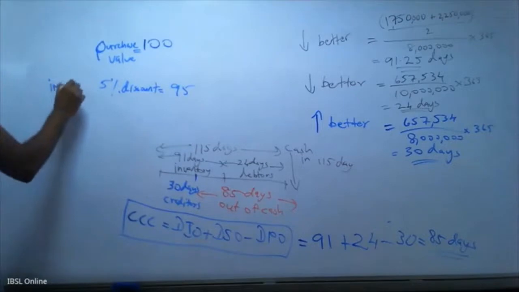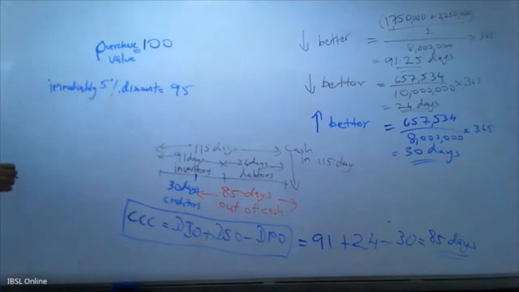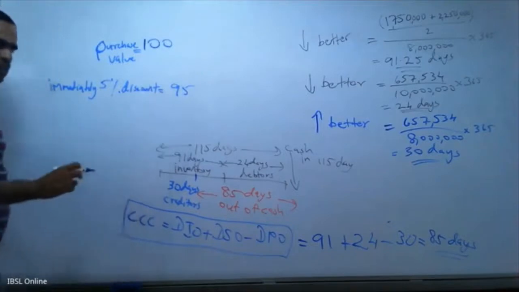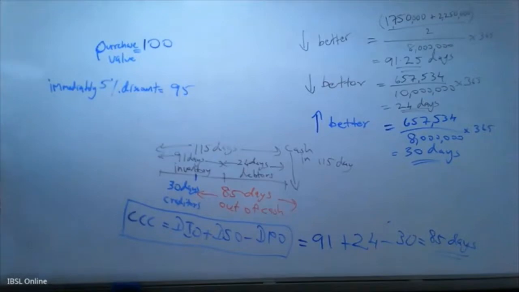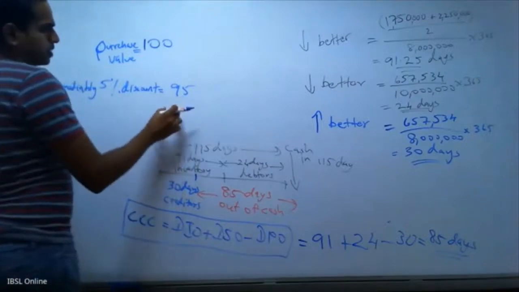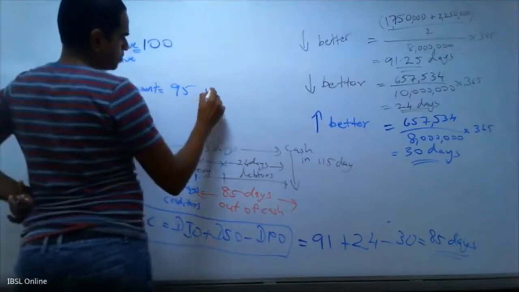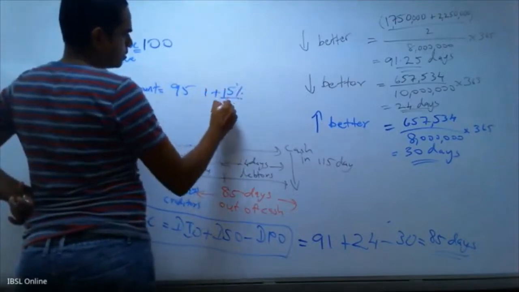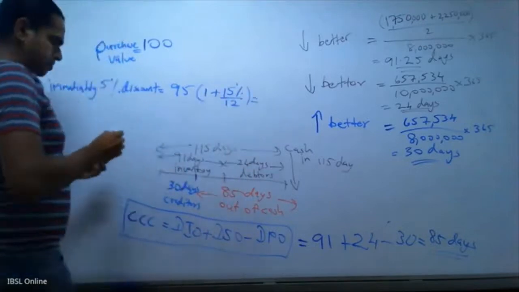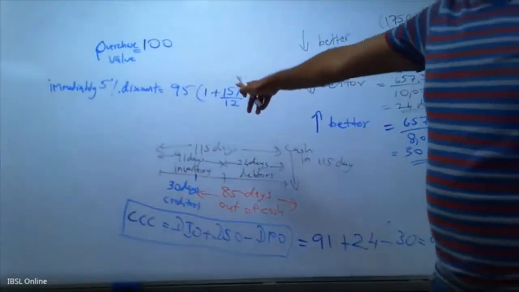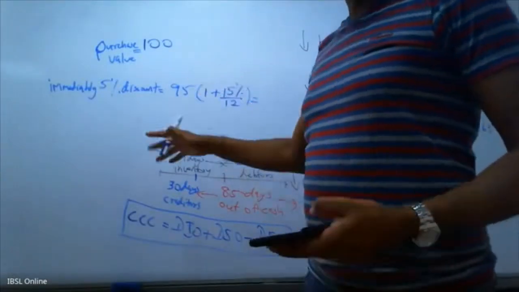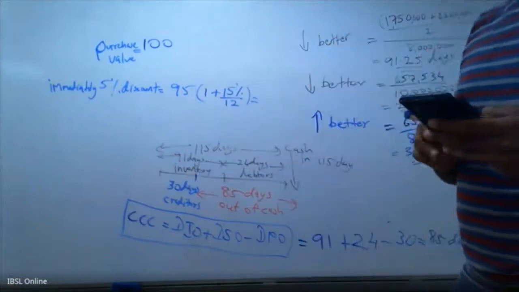It's immediate. 5% discount immediately, you pay 95. And let's just assume you're borrowing from the bank at a rate of, let's say, 15%. So this 95 will actually cost you after 1 month 95 times 1 plus 15% over 12. This will be the actual cost after 1 month, because you're getting a 5% discount, but you have to borrow that amount from the bank. I'm just comparing the two options.